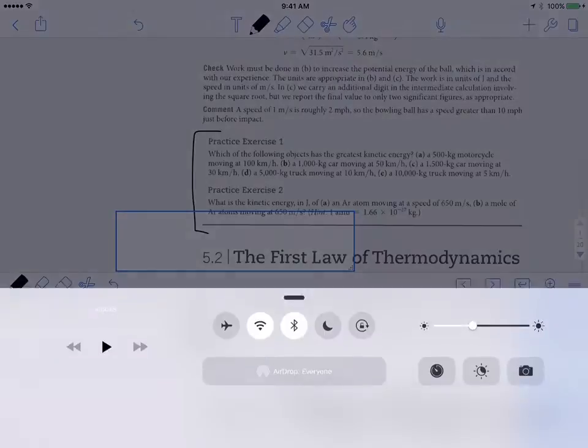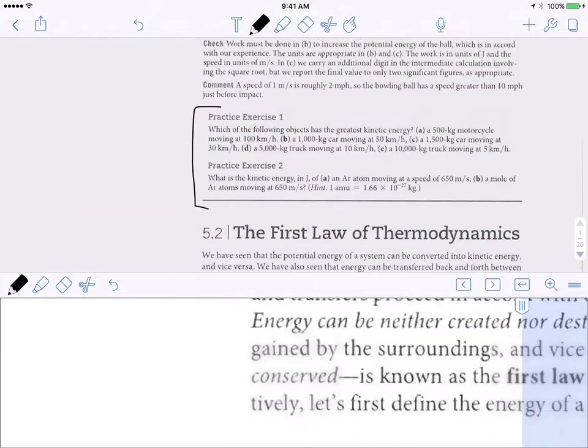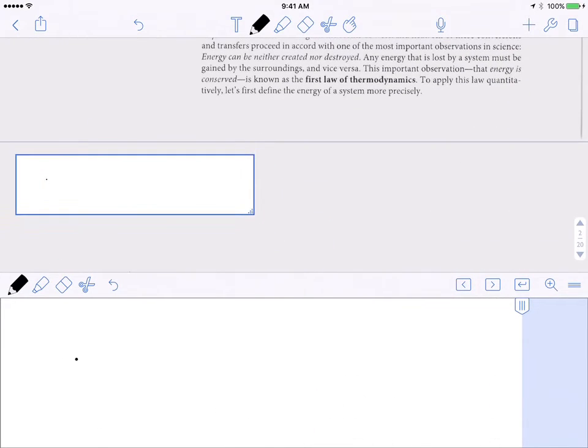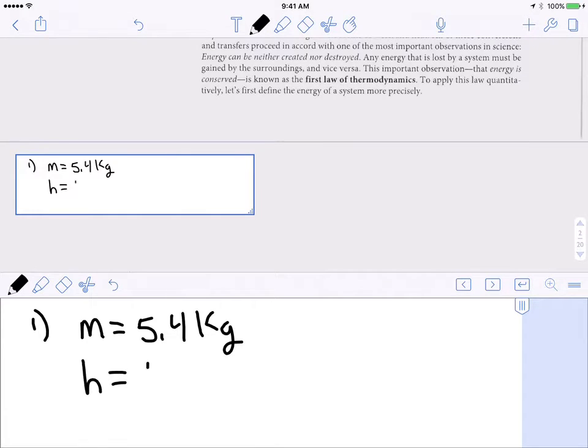So let's scroll down here. Number 1, we have a mass of 5.4 kilograms. It was raised to a height of 1.6 meters.